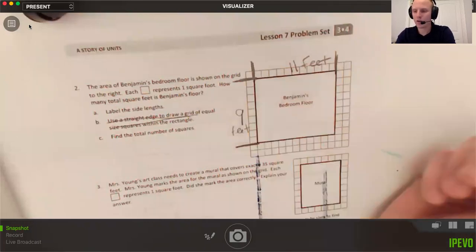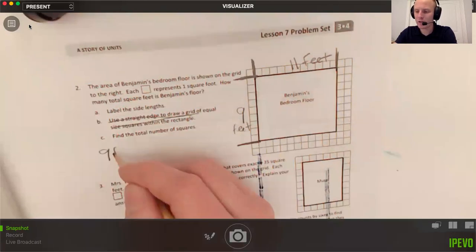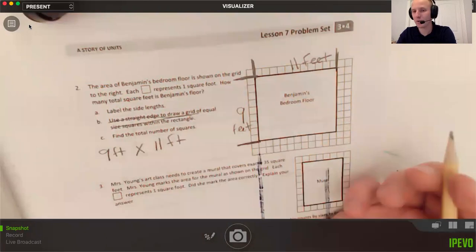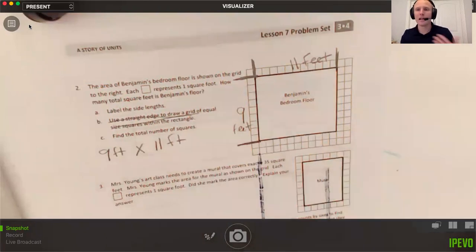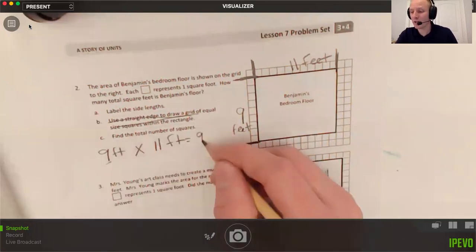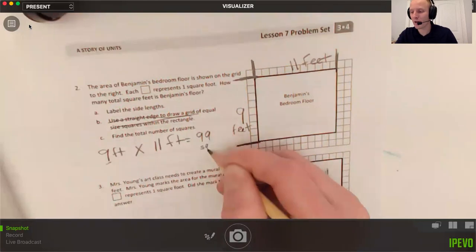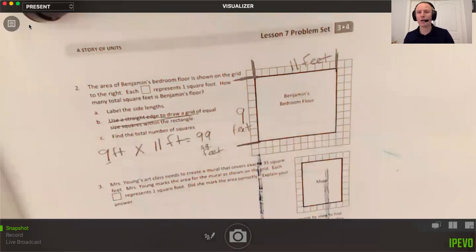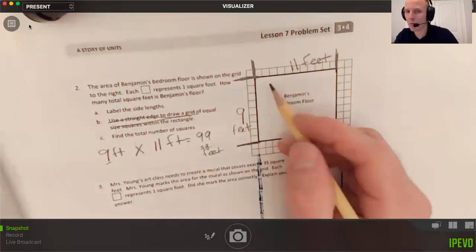Okay, so I have 9 feet times 11 feet. A couple of different ways we can solve this. 11s are pretty easy to multiply if you're multiplying by a single digit. You take that other digit, the 9 in this case, and you double it. So 99 square feet.